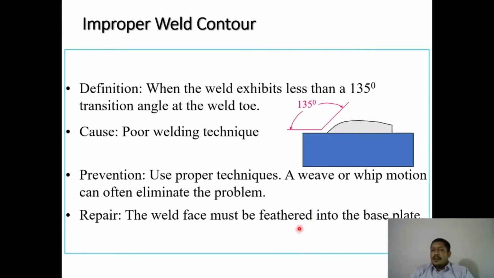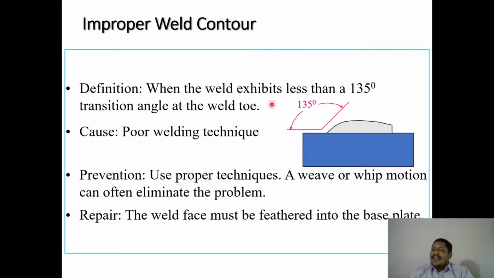This is the third one, the improper weld contour. Improper weld contours normally happen because of poor welding techniques. Excessive reinforcement may also create an improper weld contour.